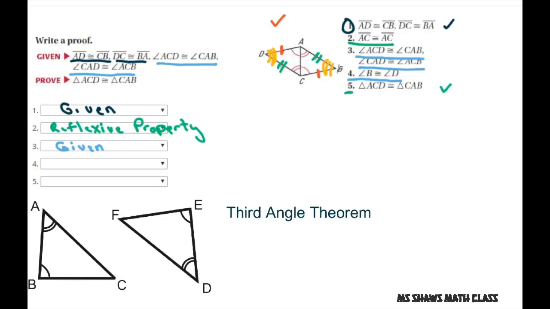And that's based off our third angle theorem. If we have two angles that are congruent to each other in two different triangles, then it follows that the third angles will be congruent because it adds up to 180. So that's called the third angle theorem.